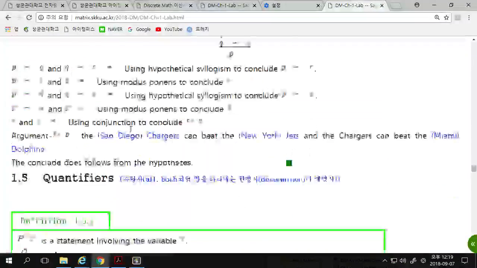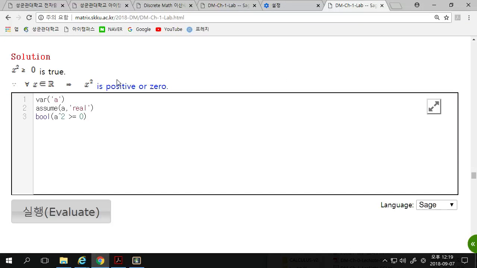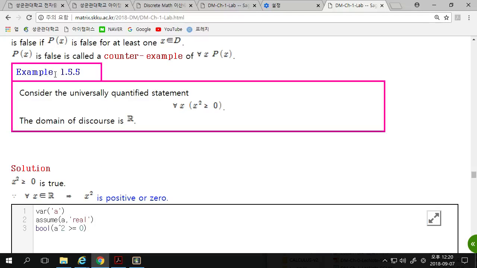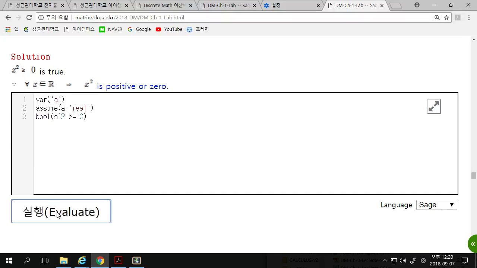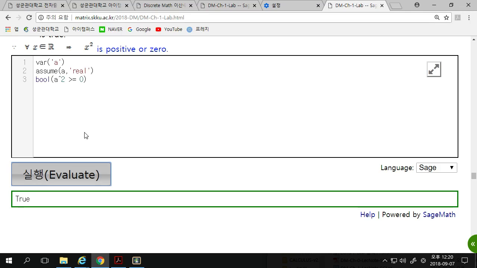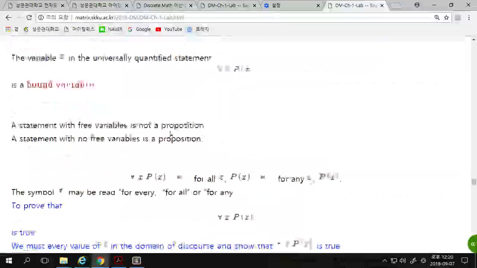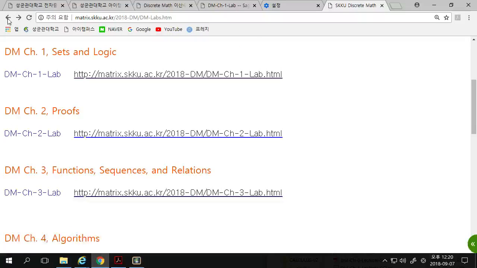This is a kind of lecture note that I have made, and this is a problem, and this is a solution, and this solution can be double-checked with the Python code, whether it is true or not. We made all this from chapter 1 to chapter 9.